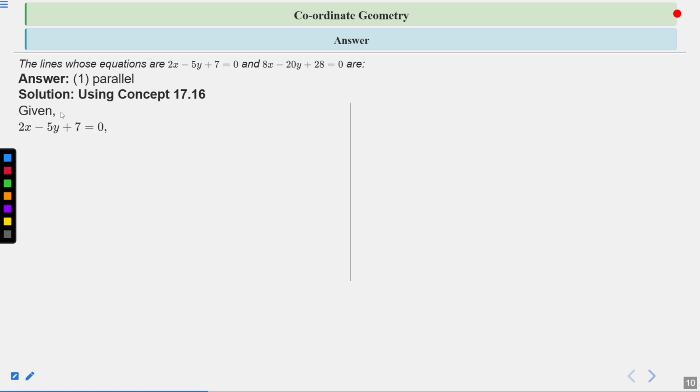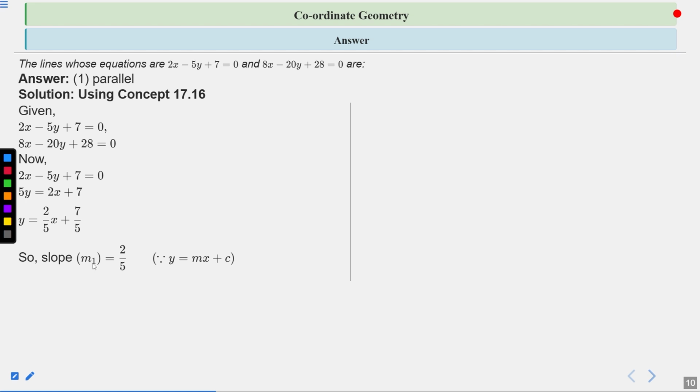Given that 2x minus 5y plus 7 equals 0 and 8x minus 20y plus 28 equals 0. Now 2x minus 5y plus 7 equals 0, so we can write it as 5y equals 2x plus 7. In the same way, y becomes 2 by 5 of x plus 7 by 5. So slope m1 becomes 2 by 5, because we know that y equals mx plus c.